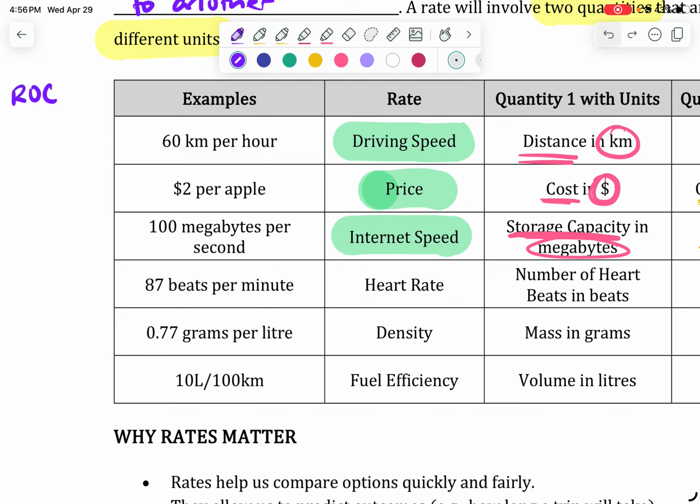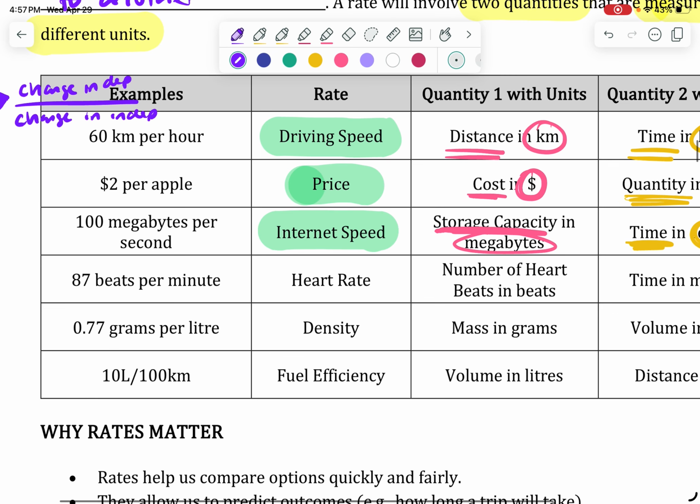These are identical things. Both of them refer to the change in my dependent variable divided by my change in my independent variable. Now, we are going back and referring to them as rate of change or just a rate at this point.